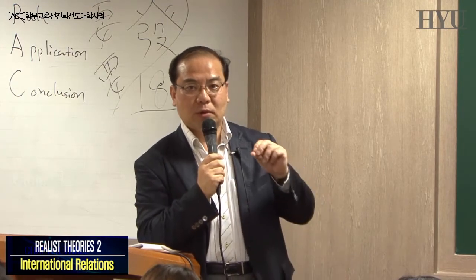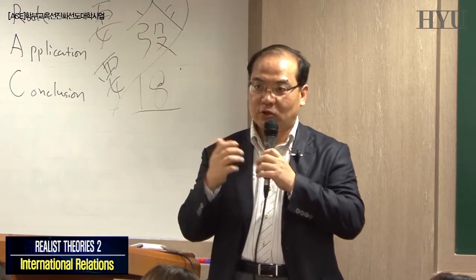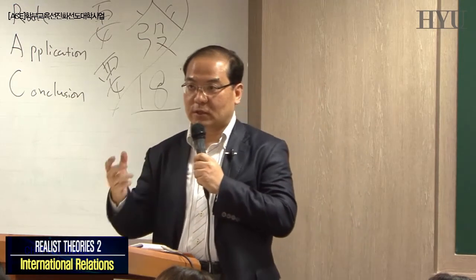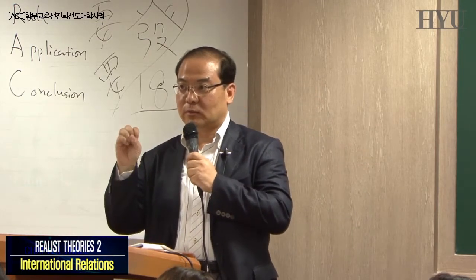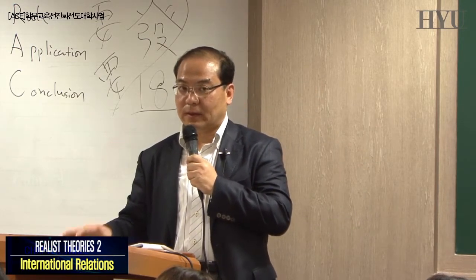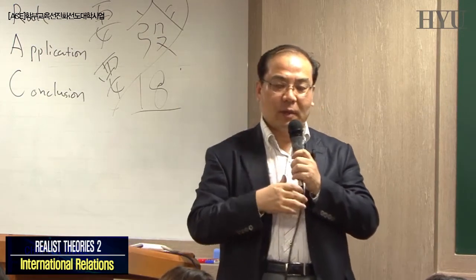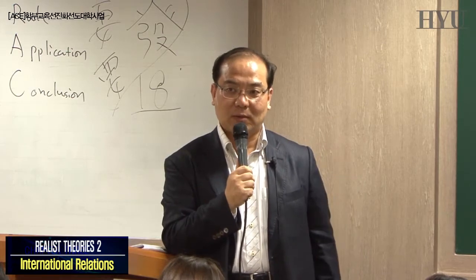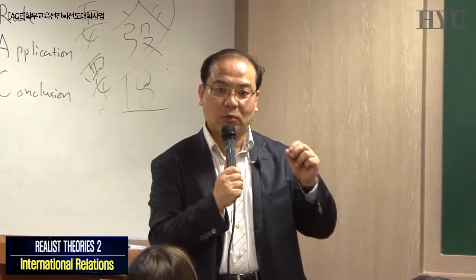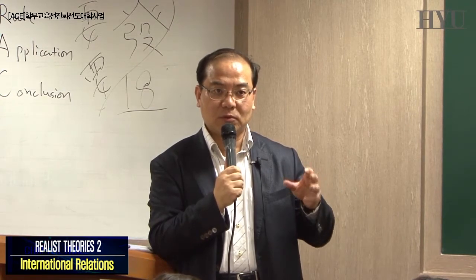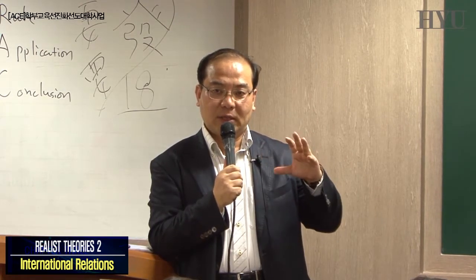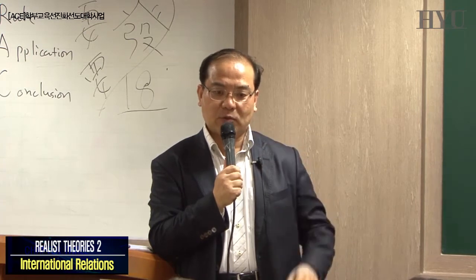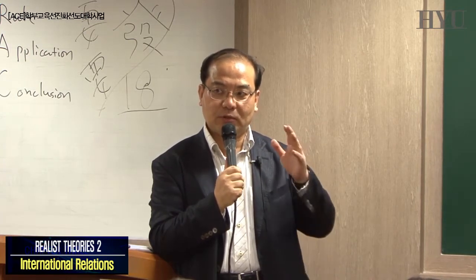The reason unipolar is stable is that hegemony enforces some rules and principles, thereby resolving the so-called collective goods problem. That's the role of hegemony. By enforcing rules and principles, hegemony is able to resolve some collective goods problem. That's the beauty of hegemony.